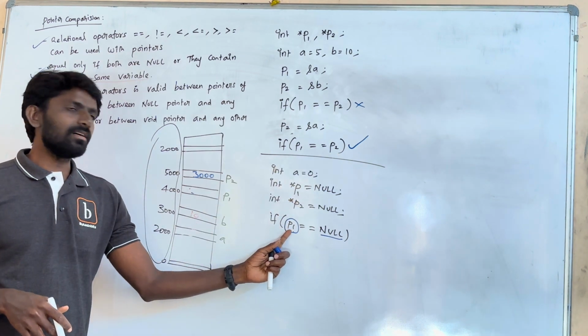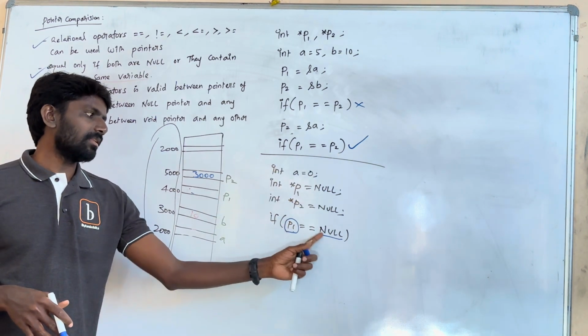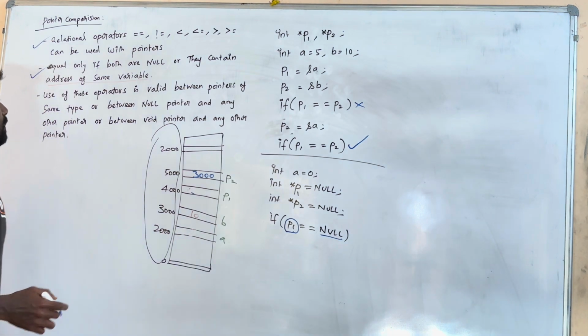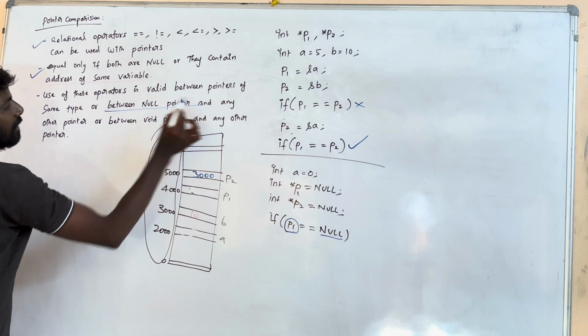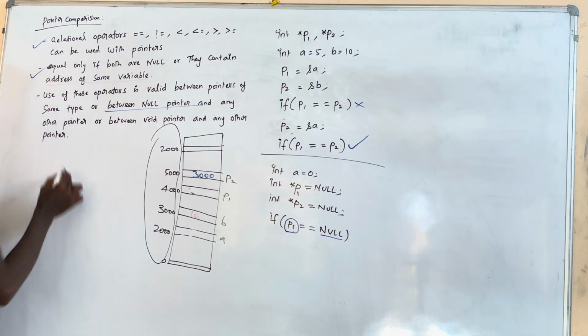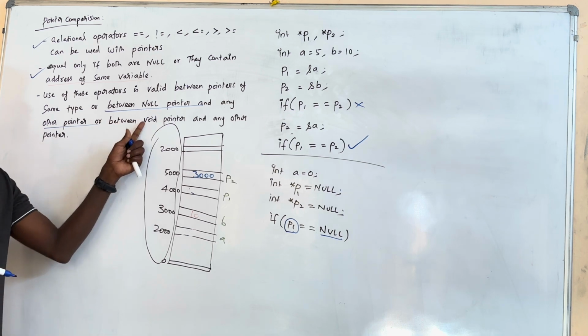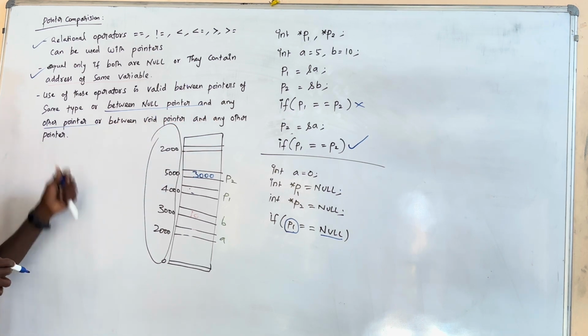One can be any type, and on the other side you can have a null pointer. So that is about between a null pointer and any other pointer, or between a void pointer and any other pointer.